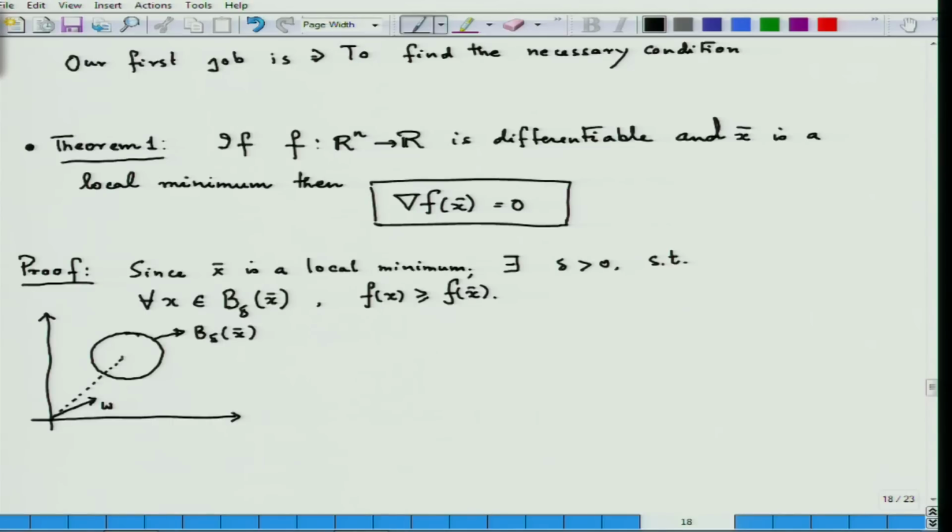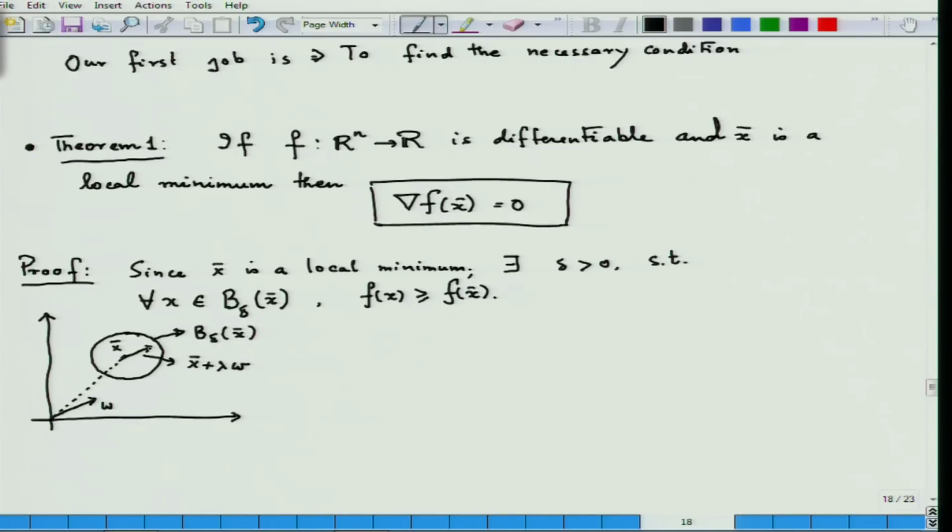Say this is my w vector, and sorry, this was my x bar vector. So, I can choose to move from x bar along a direction parallel to w. So, let this point where I come and stop be x bar plus lambda w.